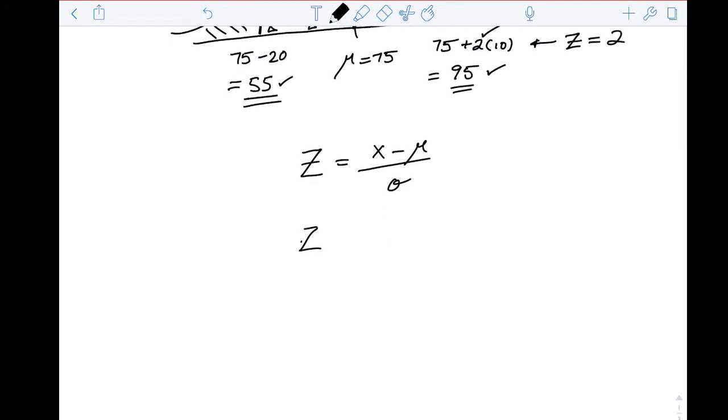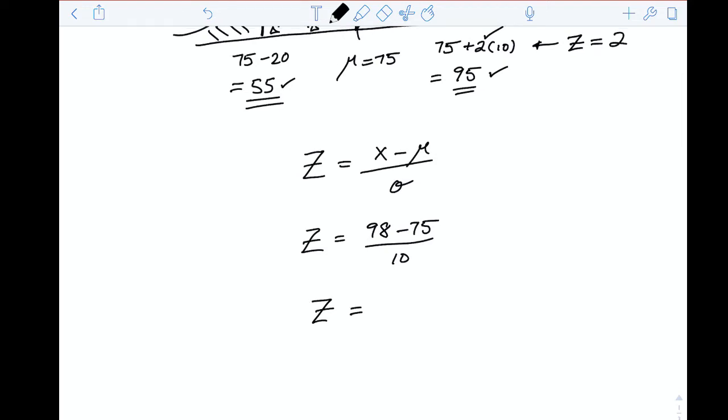So in this case, it's going to be take the score of 98 minus the mean, which is 75, divided by the standard deviation of 10. Let's see if I can do this without a calculator. 98 minus 75, that's going to be 23, divided by 10 is 2.3.